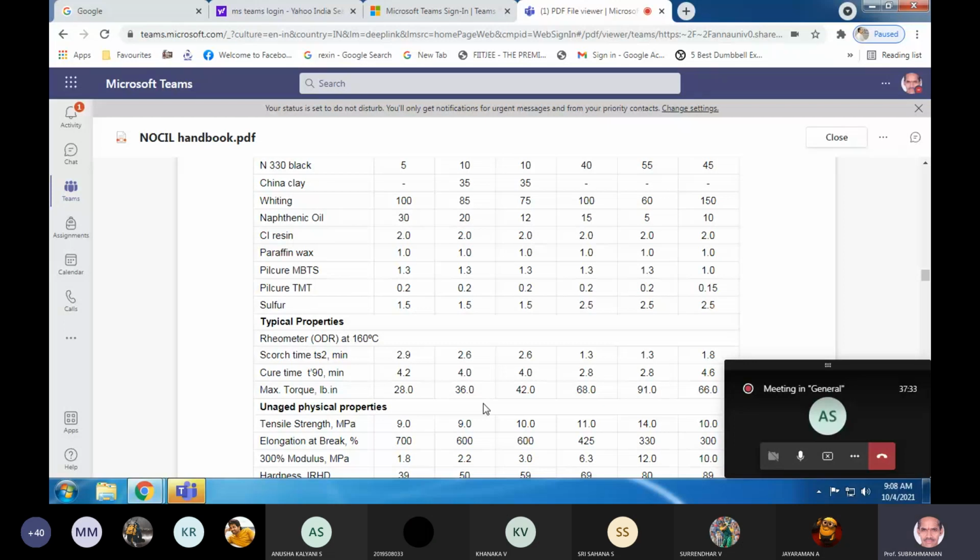Yeah, this is very important. This disulfide, the thiazole in the disulfide form, MBTS. You may ask, sir, I could as well use MBT. Of course, MBT and MBTS, in the rate of cross-linking, they behave identically. The difference comes in the scorch safety.